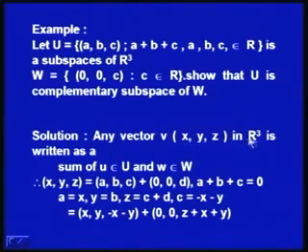Any vector x, y, z in R cube is written as a sum of u and w, u belonging to U and w belonging to W. Then x, y, z is equal to A, B, C plus 0 0 D, where the constraint A plus B plus C is equal to 0. Now, comparing the components, A is equal to x, B is equal to y, z is equal to C plus D, and C is equal to minus x minus y.